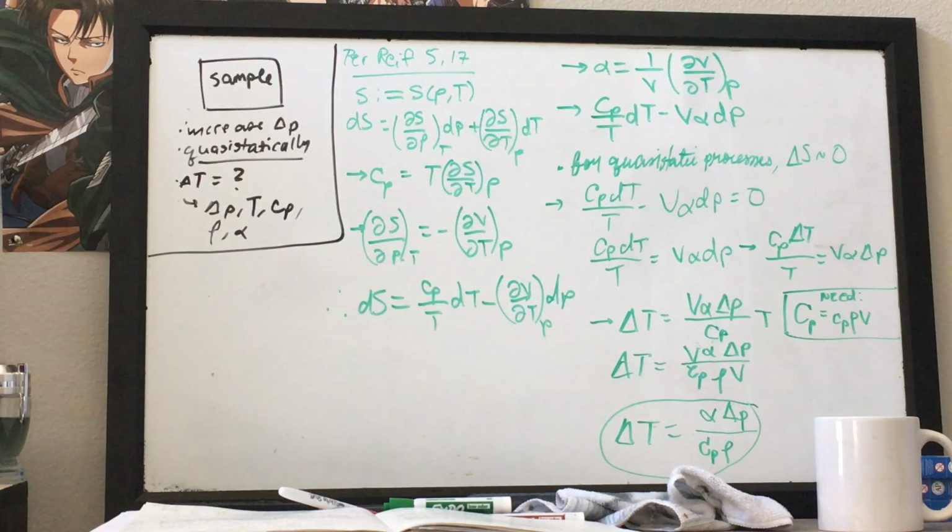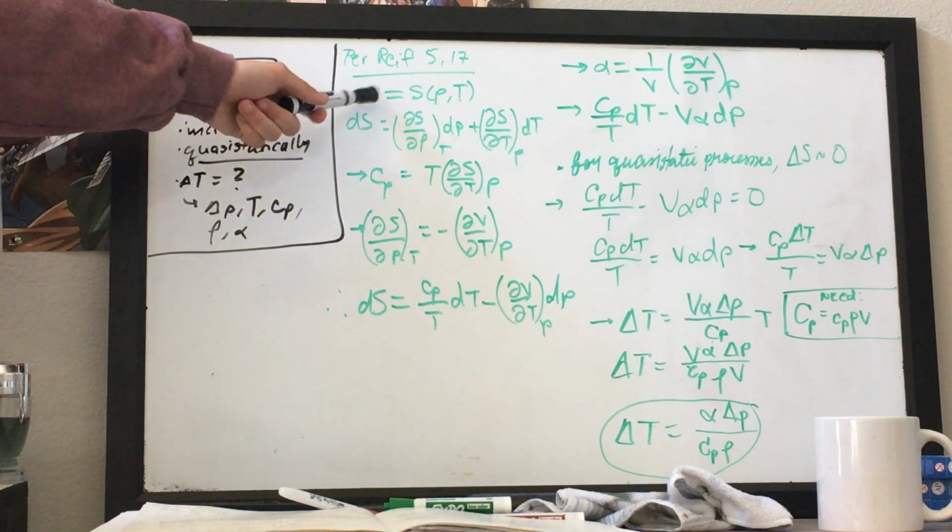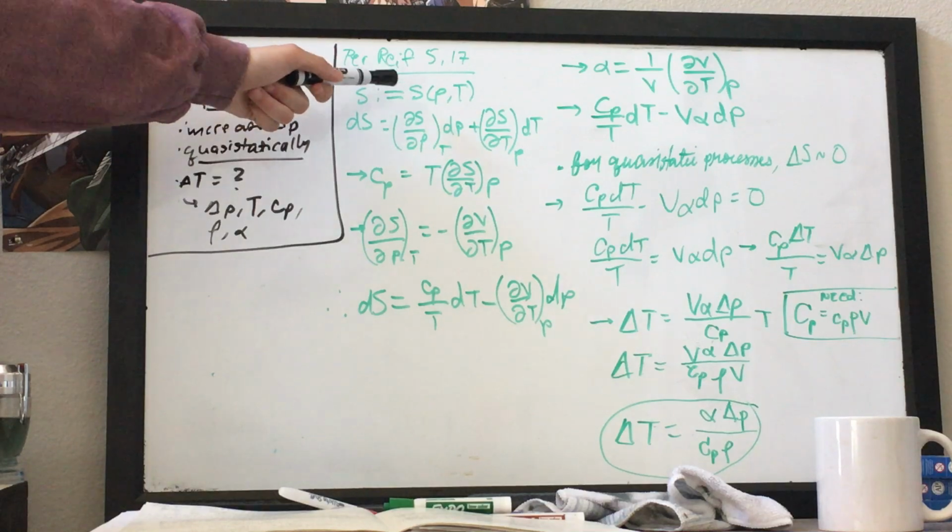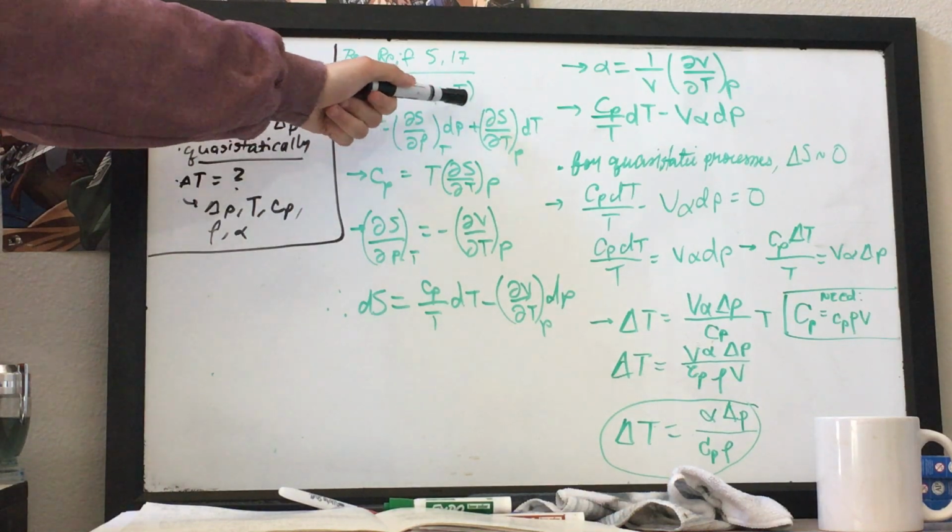Well, if you need to know anything about any sort of relationship, we can fall back onto the laws of thermodynamics and start from some variable describing a change of state, right? And one way we can do that is by using the state function of entropy. Now, we let entropy be, in this case, a function of both pressure and temperature, right?